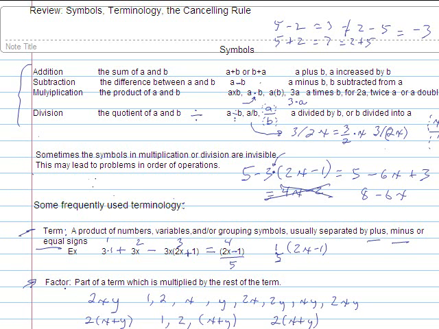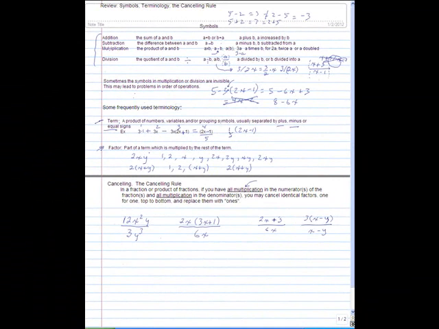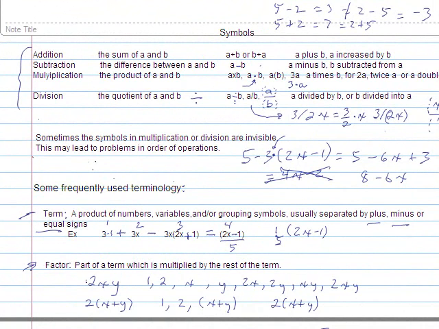Let's move on now to the last really critical word, one that we use every day. It's called factor. A factor is a part of a term. So here is a term, 2xy. What are its factors? Well, it's a part of a term which is multiplied by the rest of the term. So 1 is a factor because 1 multiplies everything.